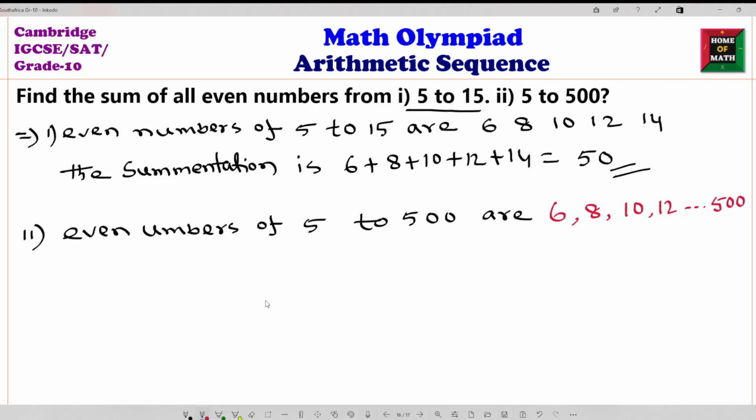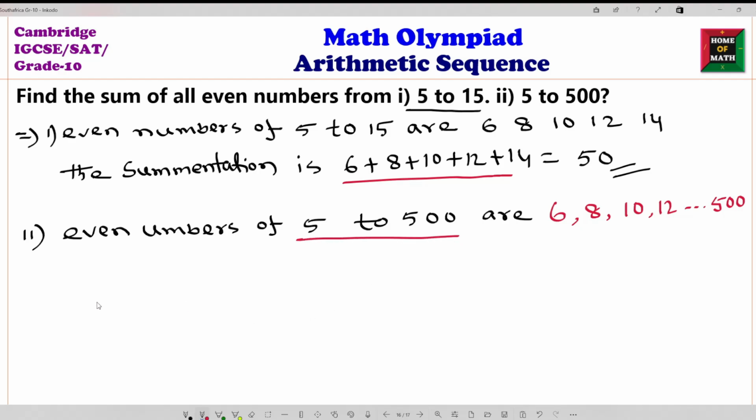But this one we cannot sum this way, 6 plus 8 plus 10 plus 12 plus 14. It is not possible to find the summation from 5 to 500 like this.